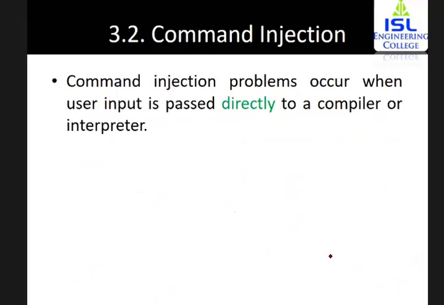The next one is command injection. The command injection problem occurs when the user input is passed directly to the compiler or the interpreter. That is, when a user is giving an input, a keystroke or a mouse click, that input is directly passed to the compiler. This is called the developer's failure, in the software that was designed.